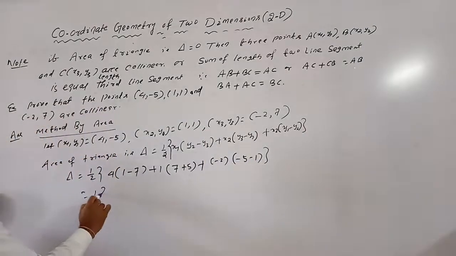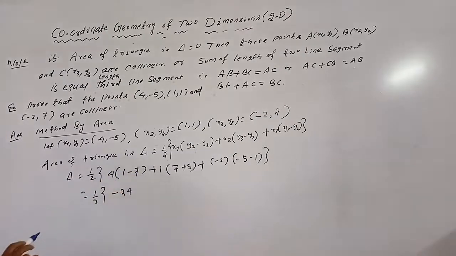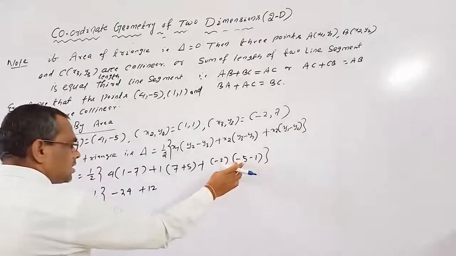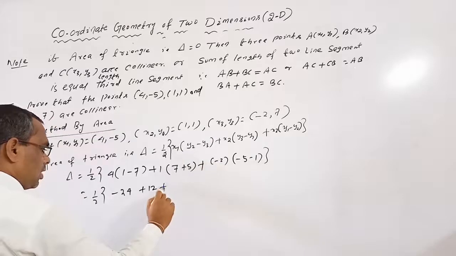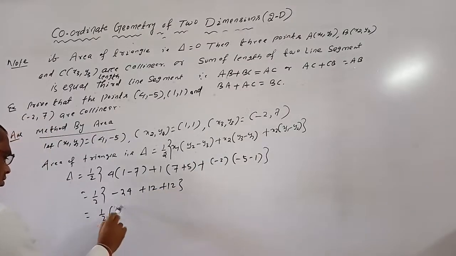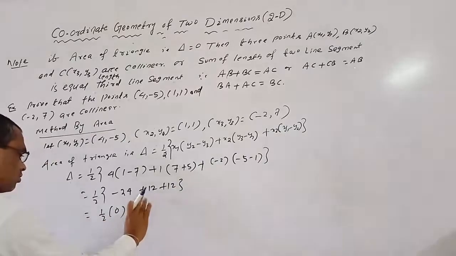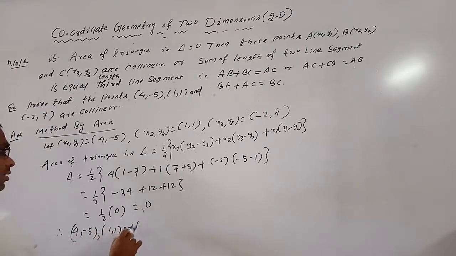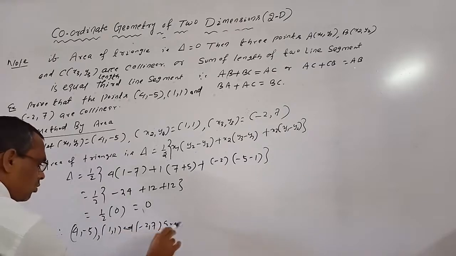So half into minus 6 into 4 minus 24, 7 plus 5 is 12, plus 12. Here minus 6 minus 6 minus 2 plus 12, which is half into 24 minus 24, which is 0. So half into 0 equals 0. Since the area of the triangle delta equals 0, these points are collinear. Therefore (4, minus 5), (1, 1) and (minus 2, 7) are collinear.